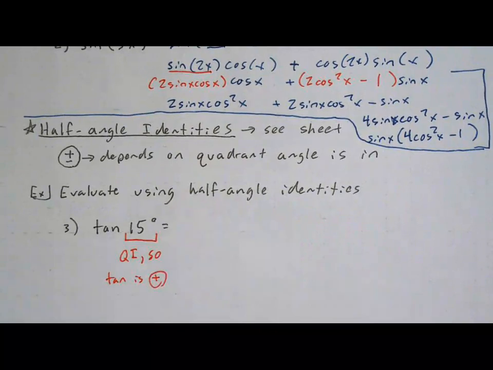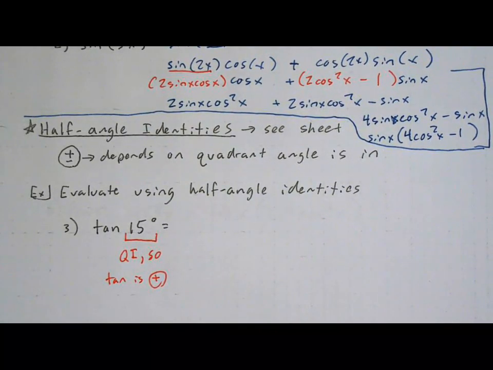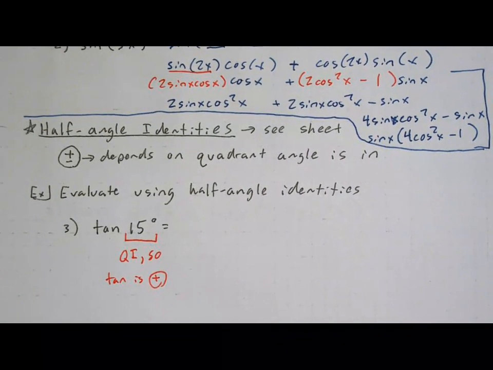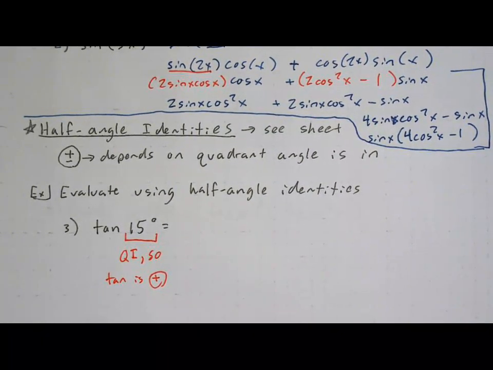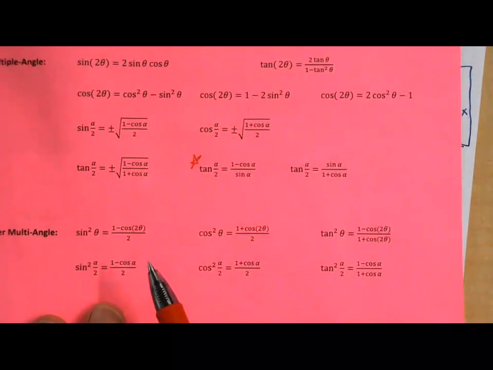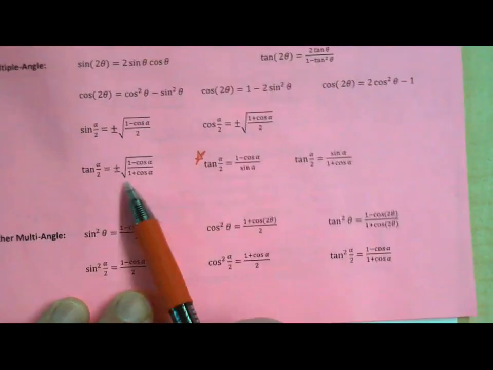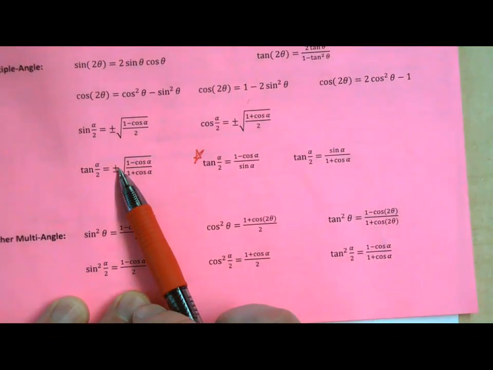So we know our answer is going to be positive. So if I end up doing one of those identities and it's got a plus or minus, I need to choose the positive version because I know that tangent will be positive for this one. That's it. So basically, if we choose to use this version, I'm going to go with the plus version of it.